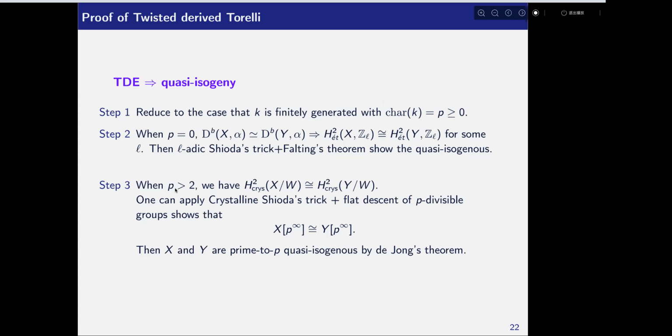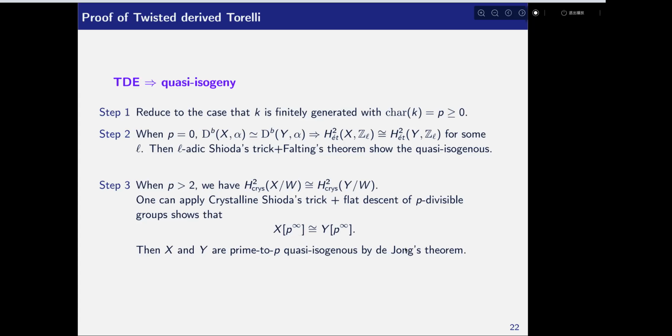But what happens in positive characteristic is we have to use the crystalline cohomology. Because we have this isomorphism between the crystalline cohomologies, we have to use the crystalline Tate trick, plus the flat descent of p-divisible groups to show that the two abelian surfaces have isomorphic p-divisible groups.